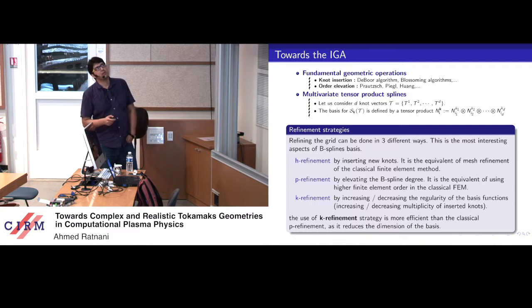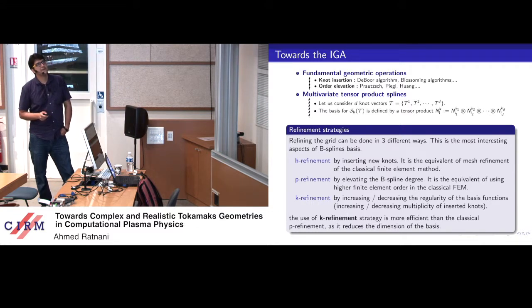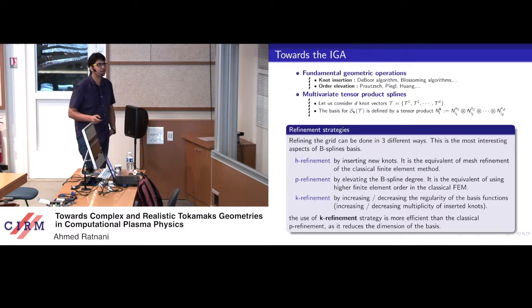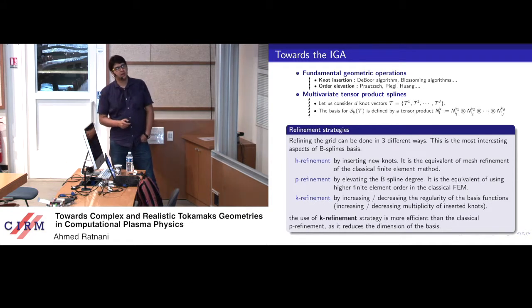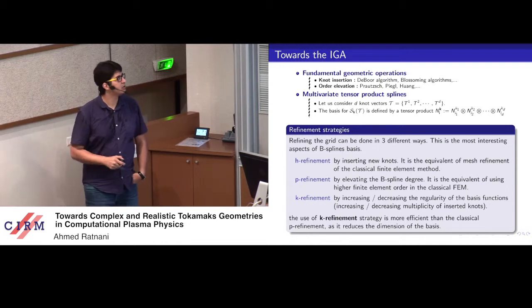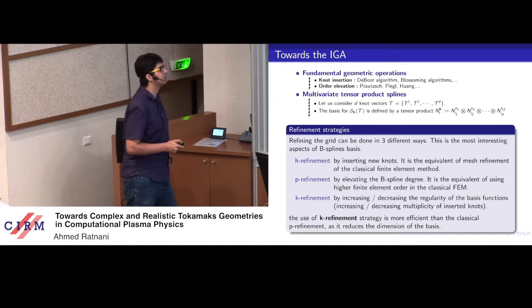So then you can define the B-splines for multivariate using a tensor product of splines, so in a higher dimension. And so finally we get these refinement strategies. So we have the classical one, like the h refinement. It's just by inserting new knots. So you have really the equivalent of the mesh refinement in the classical finite element method.